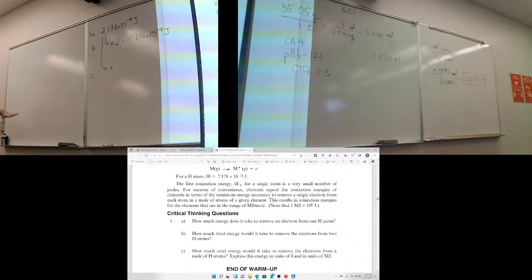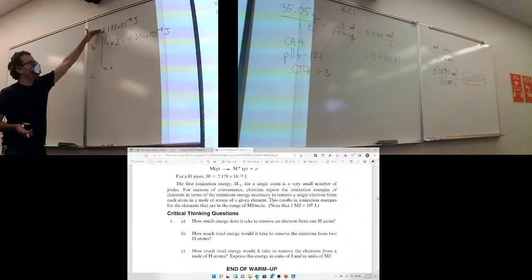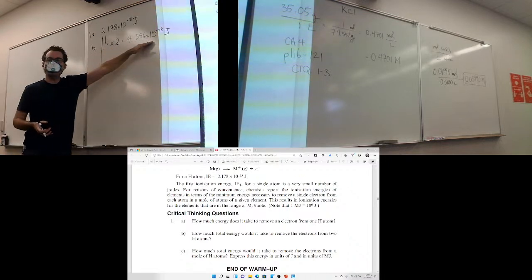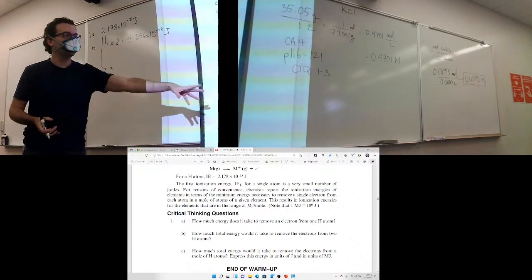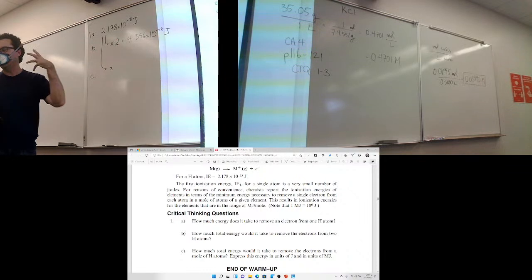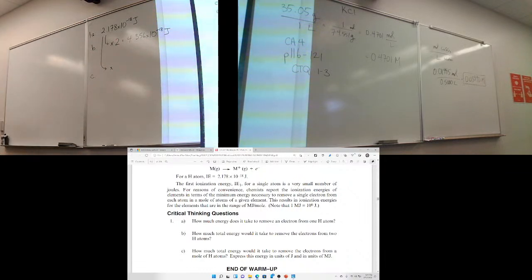I wanted people to at least get through the first one so that the new units don't throw you off too much. So 1 atom takes this much energy. 2 atoms would take double the amount of energy. If I had a mole of atoms, and some people still have a bad understanding of moles, a mole is just a number. It's like a dozen is 12. A mole is just a big number.